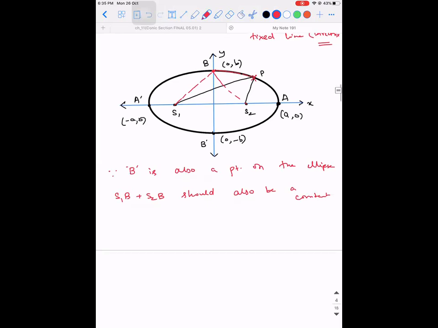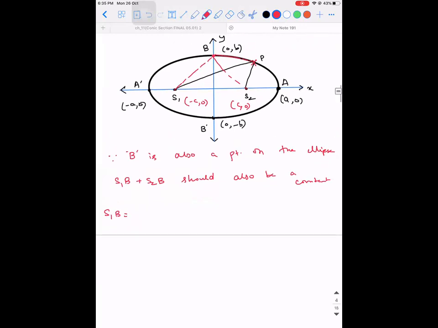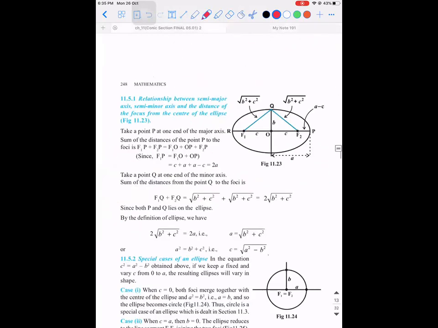Now, for the time being, I'm taking S1 as minus C comma 0, and S2 as C comma 0. Clear? So what is S1b according to the definition? I'll just go with the textbook one.